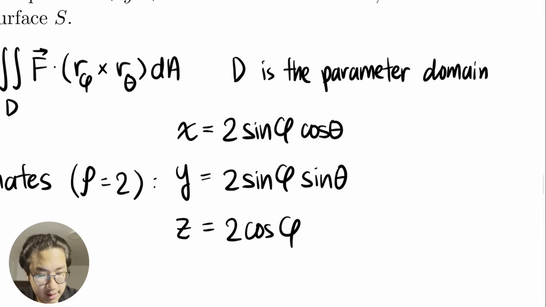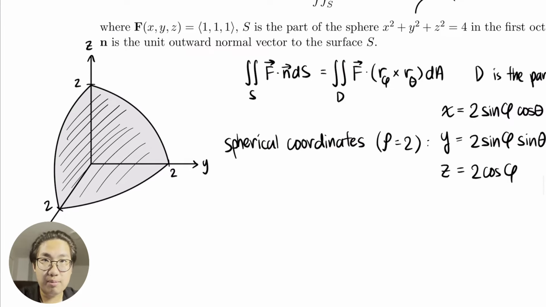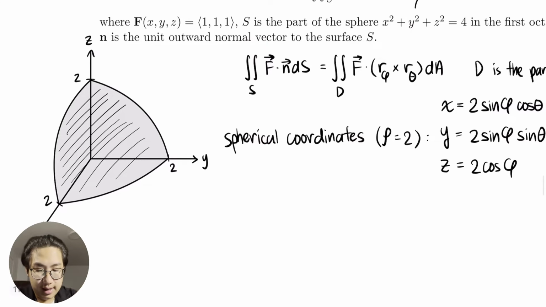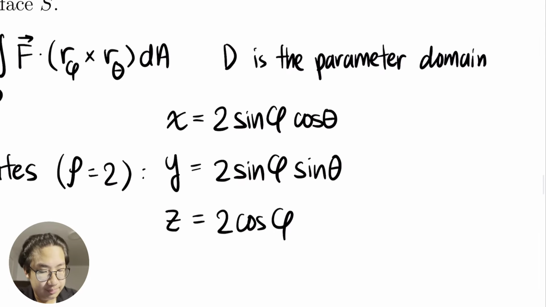So in this case, again, rho is fixed, so we're only looking at phi and theta. If we look at our shape over here, phi, remember, opens up from this side and we're opening downwards. So in this case, it starts from here, ends down over here. This is a 90-degree angle. So phi goes between 0 and pi over 2.